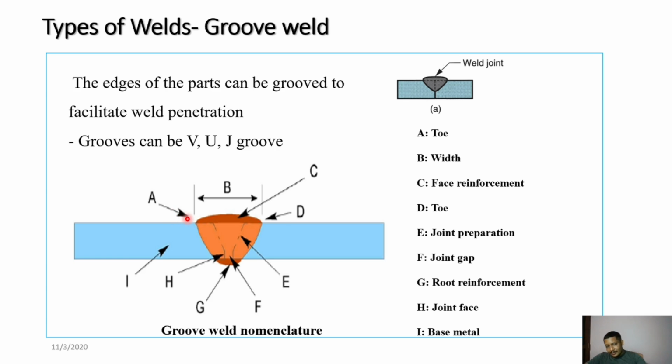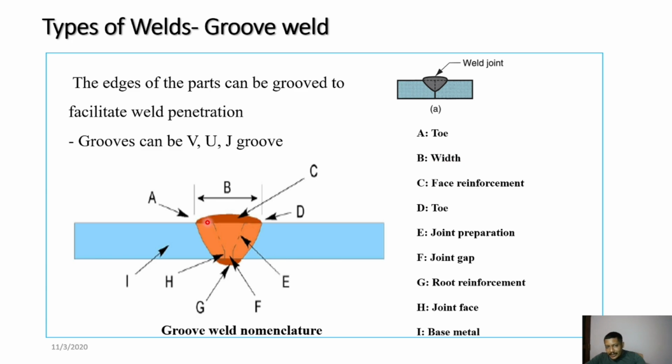It is marked from one side, and from the other side the toe of the weld is also marked. From this point to this point, the width of the weld groove is marked as B, the width of your weld.